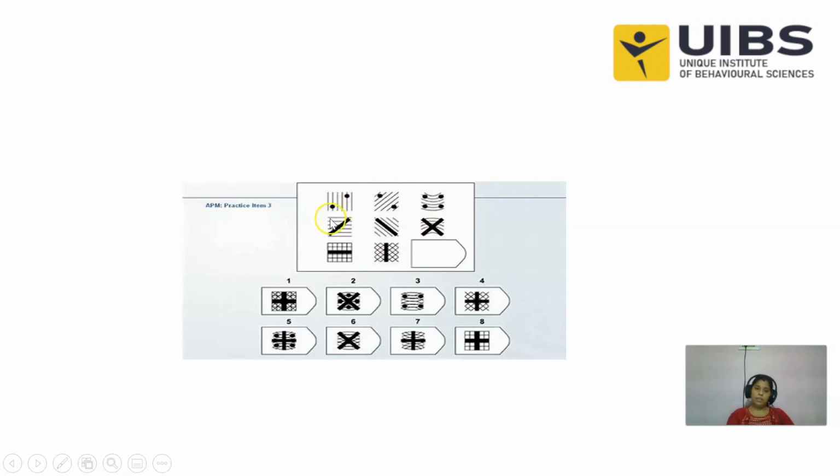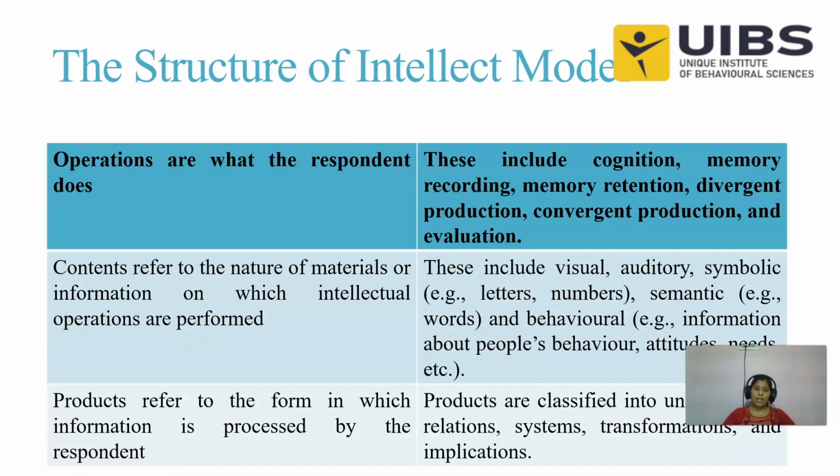Then we have to rationally find out the link, the relation between each element, and then we have to find the correct solution using our logic and reasoning for this particular space. So here we are using these three things: operation, content, and product, to find the solution.